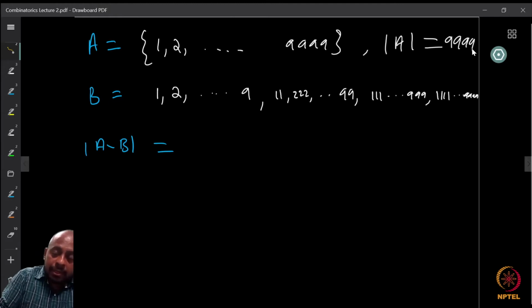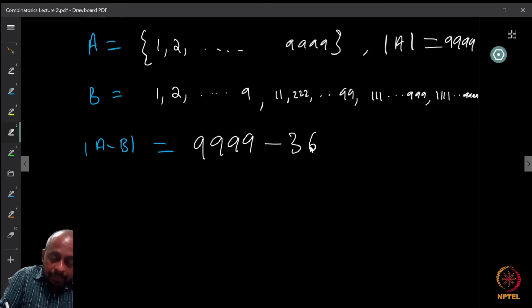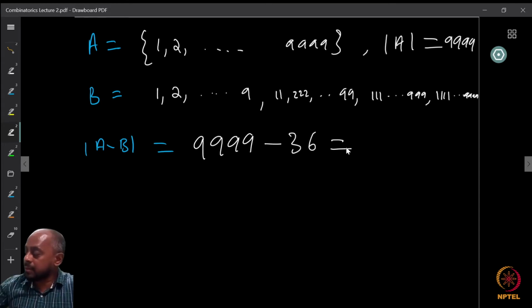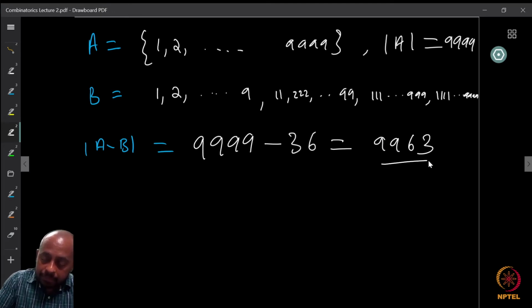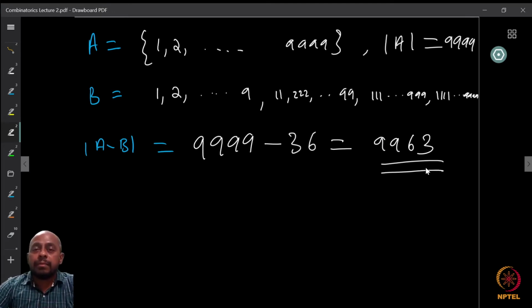So this is 9999 minus 36, which is 9963. So we use the subtraction principle to count this. You can verify by counting directly without the subtraction principle, and you will see that this is a much more efficient way to do the counting.